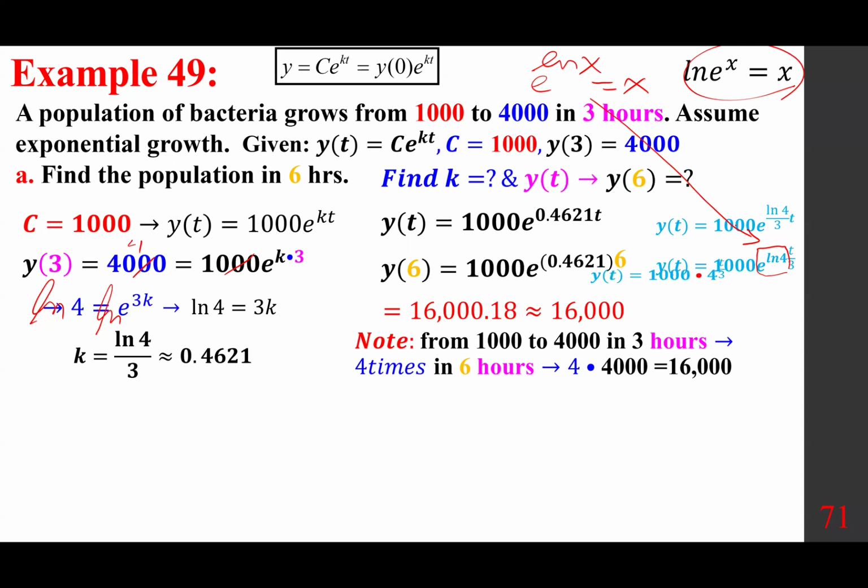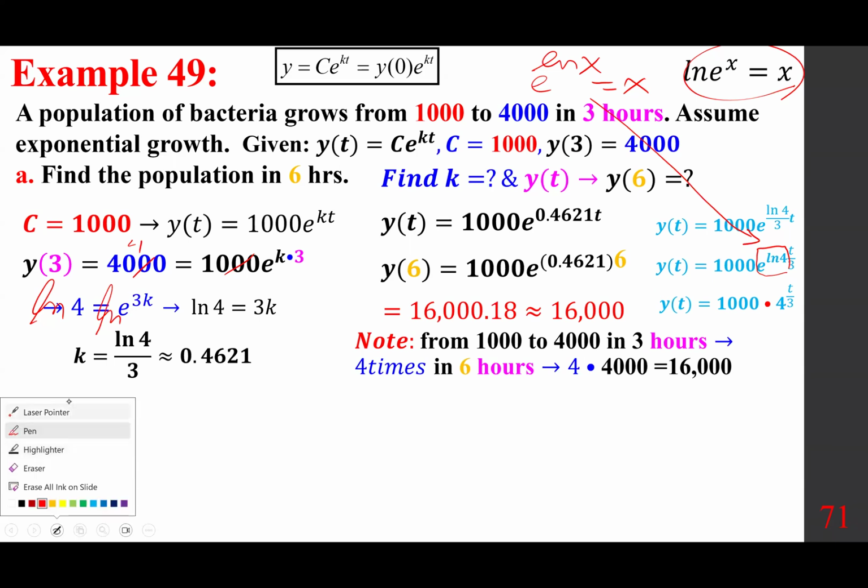So y of t is 1,000 times 4 to the power of t thirds. And just for the sake of argument, if you plug in 6 here, 6 over 3 is 2, 4 squared is 16 times 1,000, you get the same answer. This is a precise answer, okay, instead of approximation. In fact, if you continue, when you want to approximate, you really have to use even more decimals.